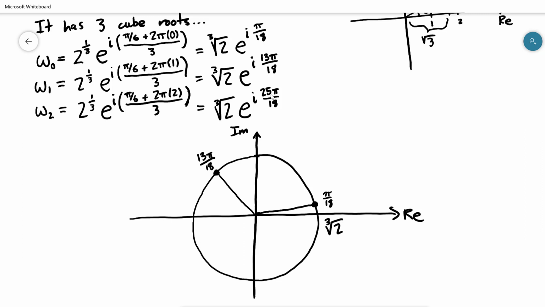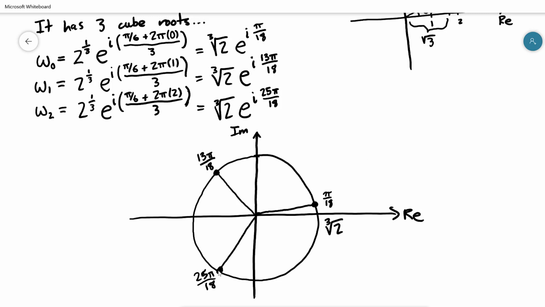And then the last one, 25 pi over 18, we've definitely gone more than pi, so here's 18 pi over 18. And as we go through it, we'd have 19 pi, 20, 21, 22, 23, 24, 25 would be somewhere right around down here.